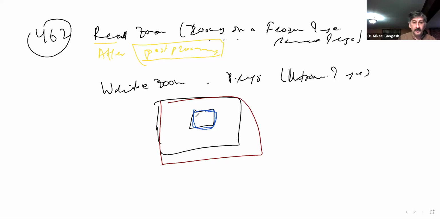So the number of these two pixels here is going to be different.